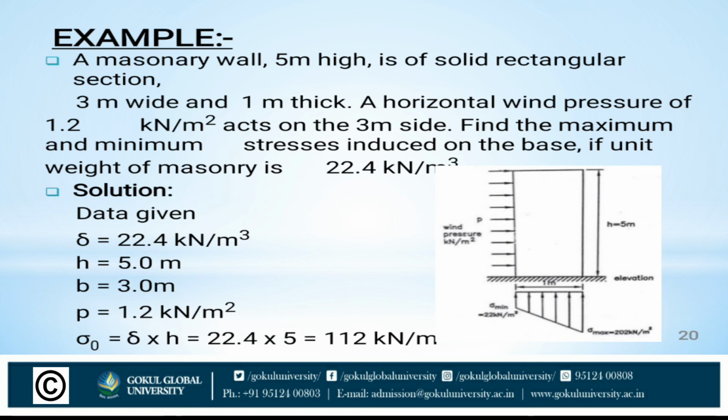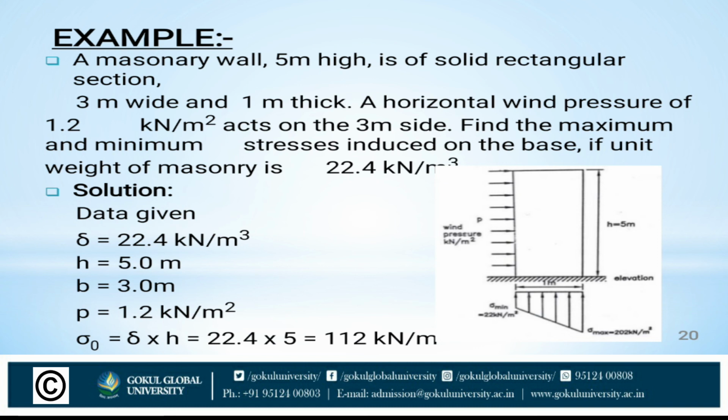Find the maximum and minimum stress induced on the base if unit weight of masonry is 22.4 kN per meter cube. So first we write down the given data. Delta is equal to 22.4 kN per meter cube. H is equal to 5 meter, B is equal to 3 meter, p is equal to 1.2 kN per meter square. So sigma 0 is equal to delta into H.